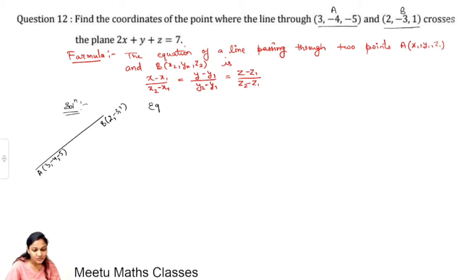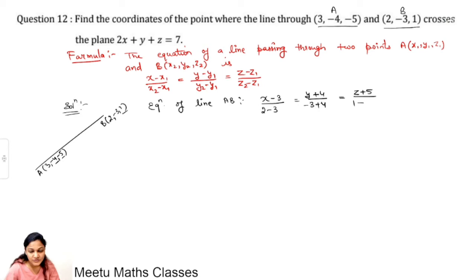So the equation of line AB will be x minus x1 upon x2 minus x1 is equal to y minus y1 upon y2 minus y1 is equal to z minus z1 upon z2 minus z1.